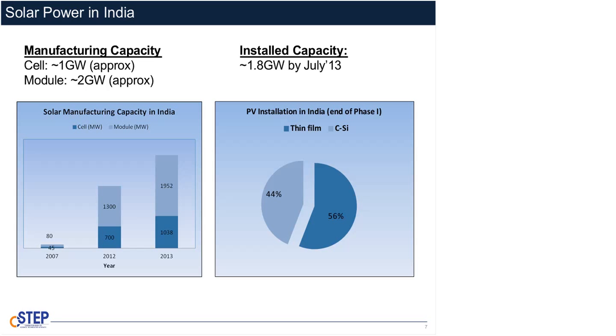I would like to discuss the reason, the basic logic, why the scenario turned out like this. As I discussed, behind it, first is that thin film performance is better than crystalline performance in tropical countries.